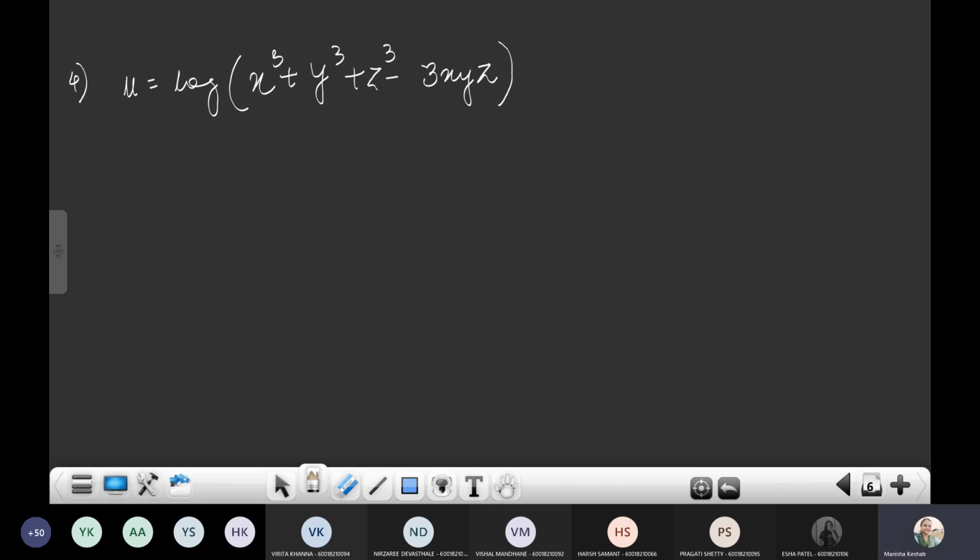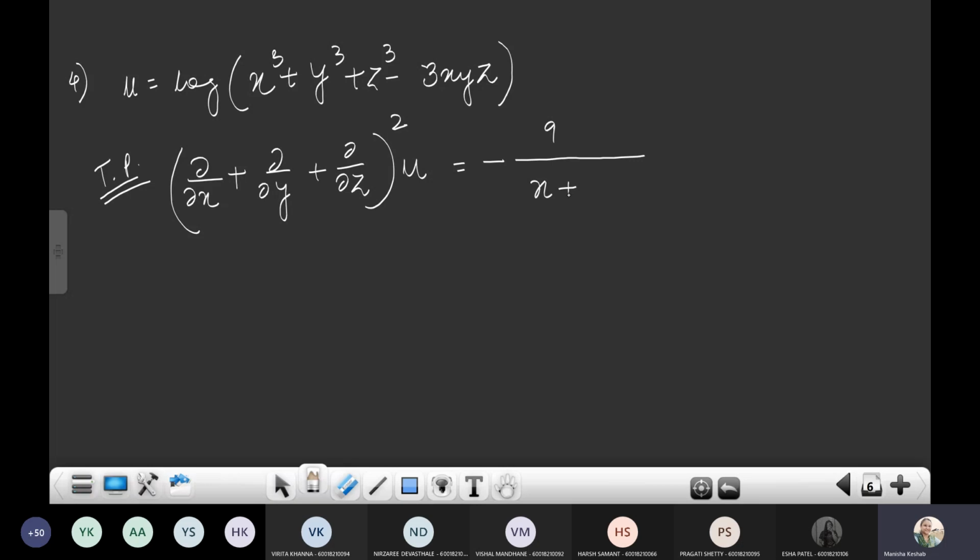Then we want to prove that, (del x plus del y plus del z) full square of u is equal to minus 9 by (x plus y plus z) full square.